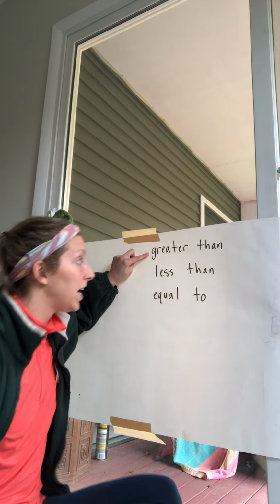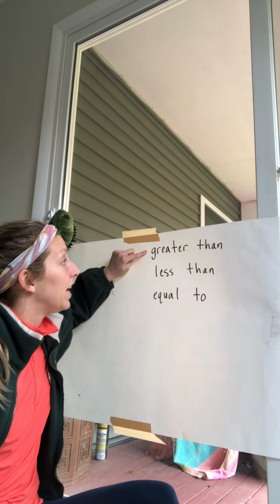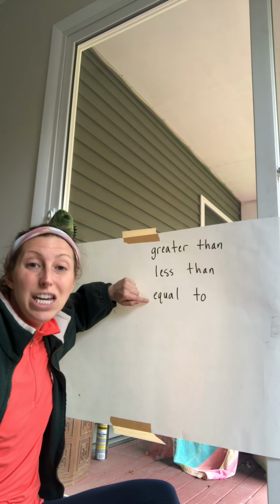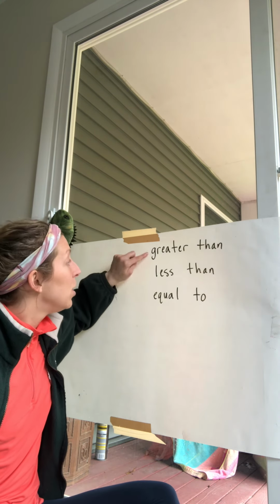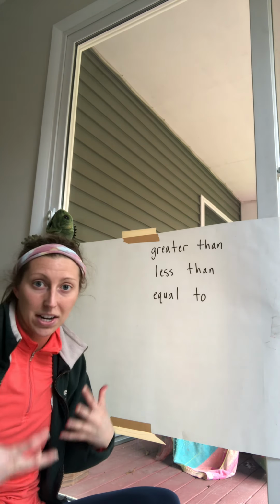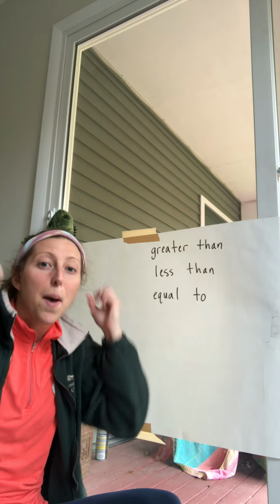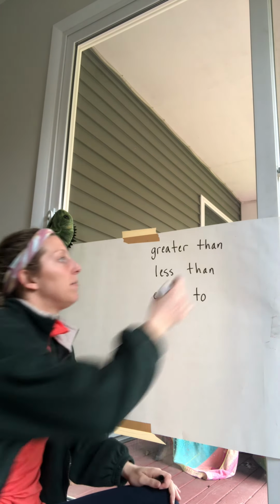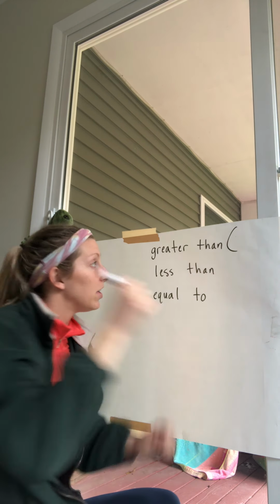We'll be using these three phrases to help us, okay? So this first phrase, you'll repeat after me: greater than, less than, and equal to. Those three phrases will help us today. The first one, greater than. We're gonna think about greater, bigger, more, larger numbers.